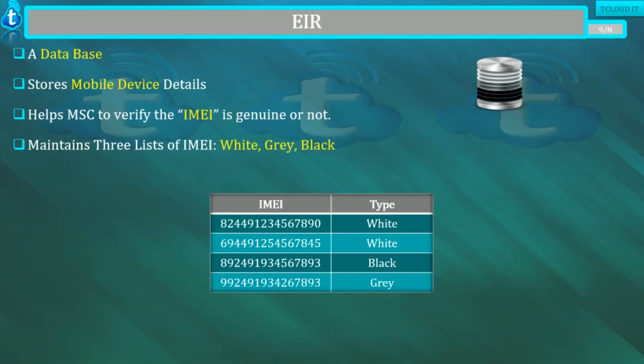All the calls you make, all the SMSs you send, everything would be recorded, and those records will be submitted to government organizations at the end of the day. That's the duty MSC has to do depending on how the EIR responds to this IMEI request, whether it is in whitelist, blacklist, or graylist.